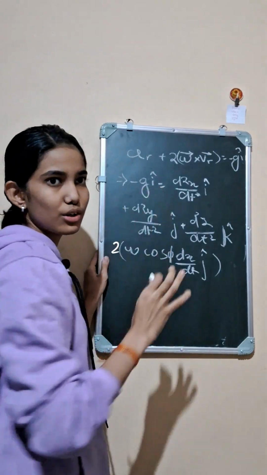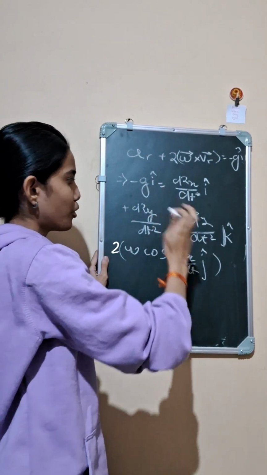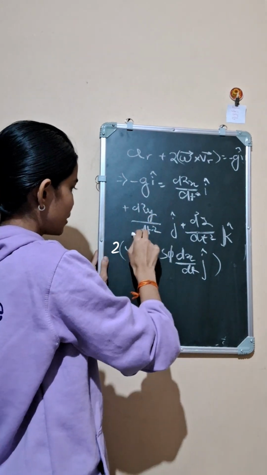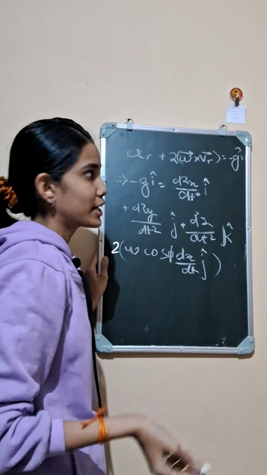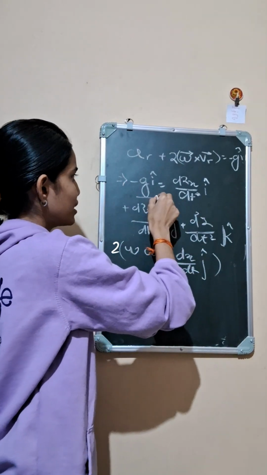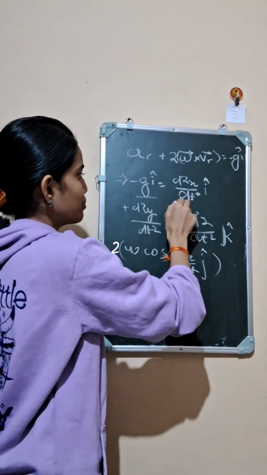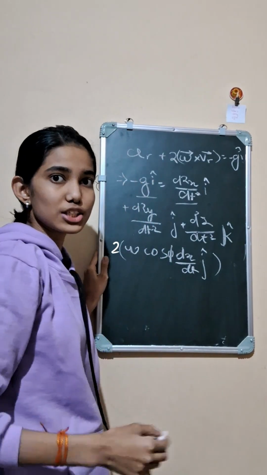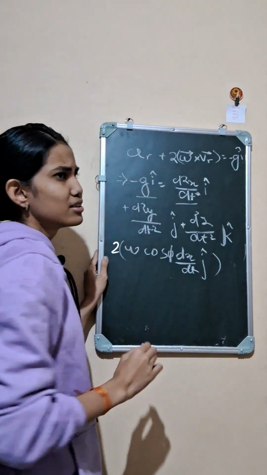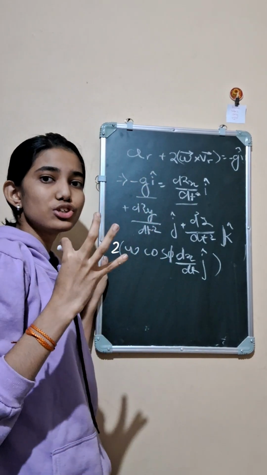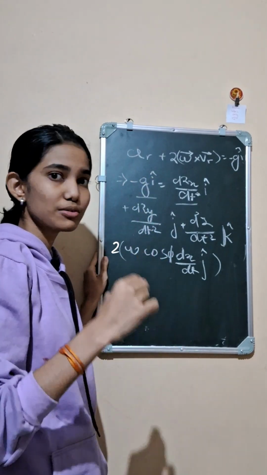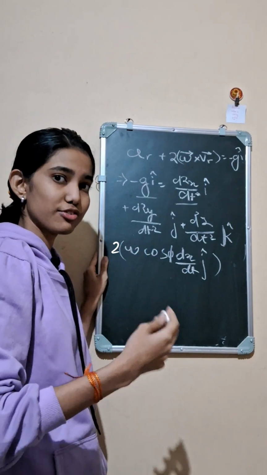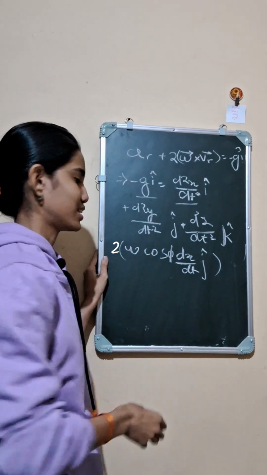Here there is no j or k component, means this value, this plus this value and this value will be equal to 0, but here i cap has the component of minus g, means d2x by dt square will be equal to minus g. So let us just integrate and try to find x, means the change in position vector along x direction, deflection, and let us see what we get.